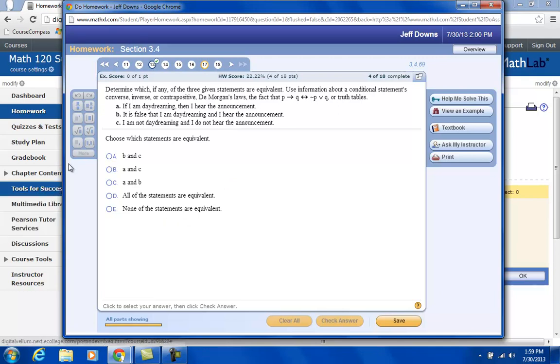So I'm going to convert this first one. I mean, we should put them all symbolically. The first one says if I'm daydreaming, so let's say P is I'm daydreaming, and Q is I hear the announcement.